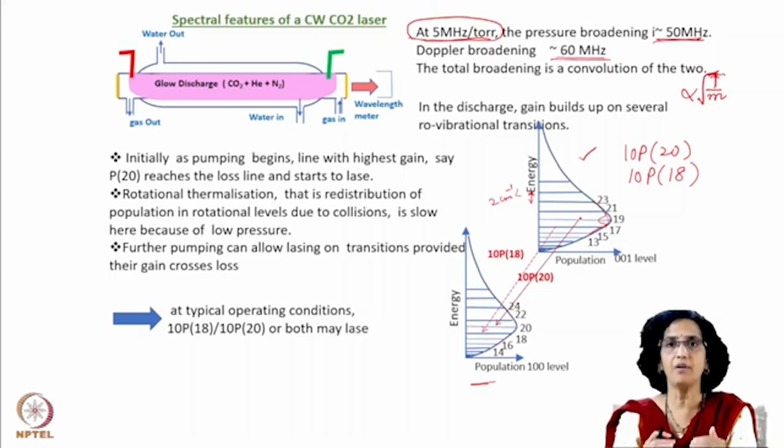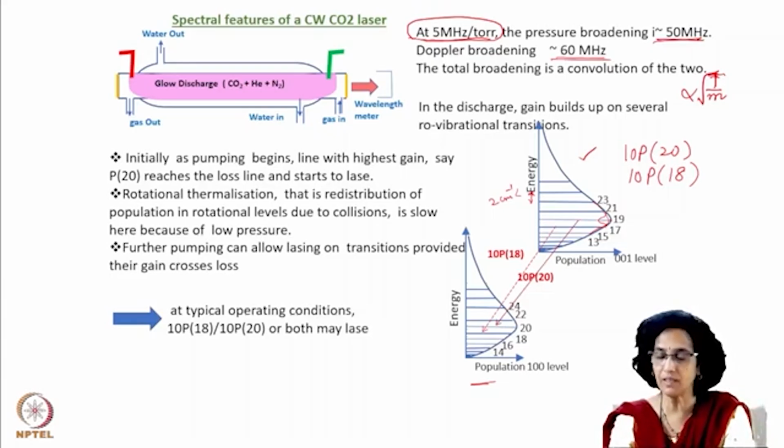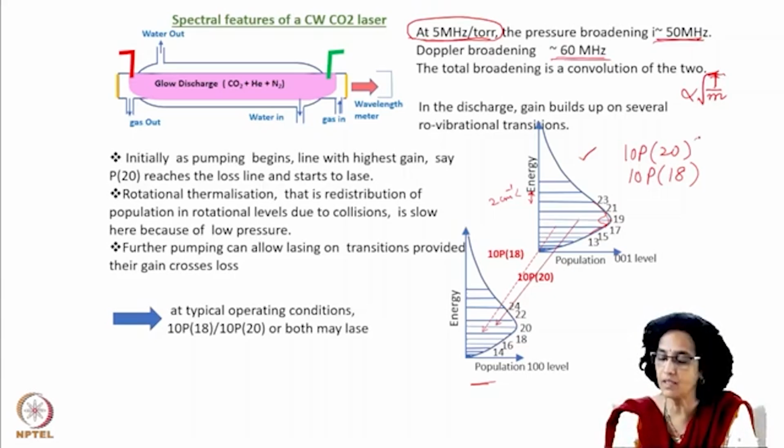However, if our pumping rate is a little fast, then it is possible that initially two or three levels, like these two levels, may reach the loss line nearly at the same time, and before this rotational thermalization takes place, some lasing may set in on this also.